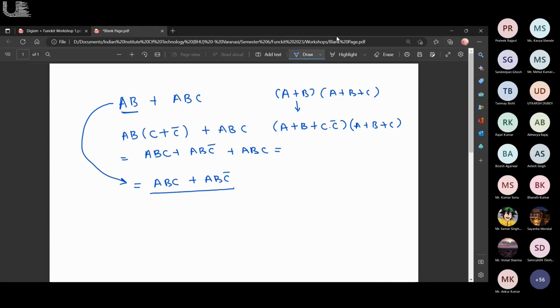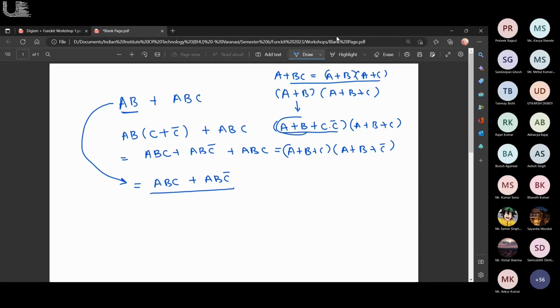And by another Boolean law, we can expand this bracket as (A + B + C)(A + B + C'). We know that there was a Boolean law which stated that A + BC is equal to (A + B)(A + C). We are using the same Boolean law over here.